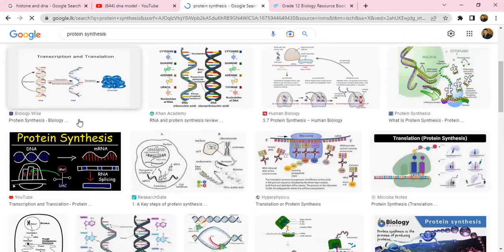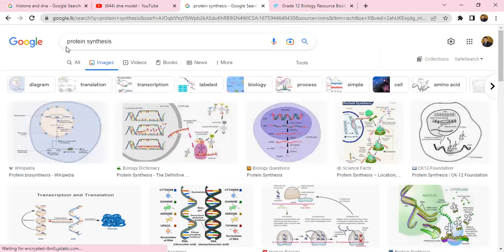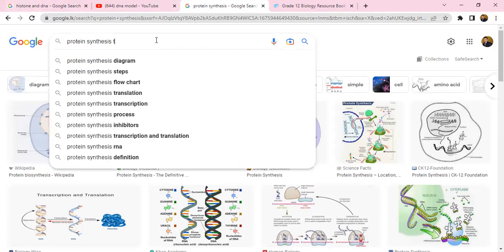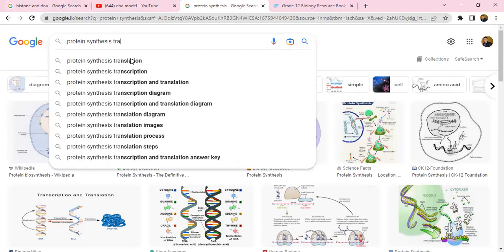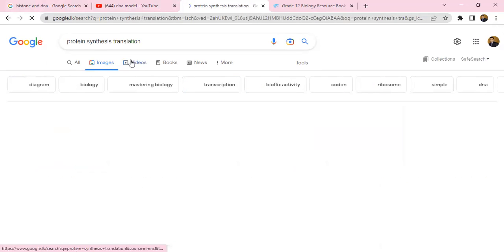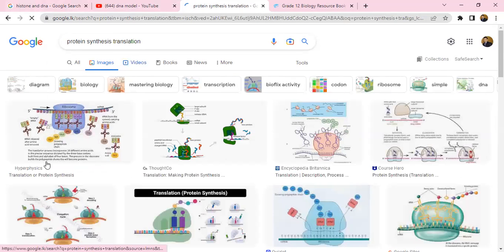During protein synthesis, one amino acid is brought, another amino acid is connected, then another amino acid is brought, that is connected. That is how protein synthesis takes place. It is called translation.